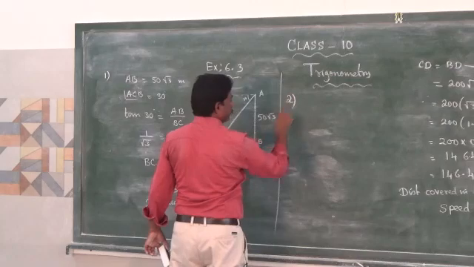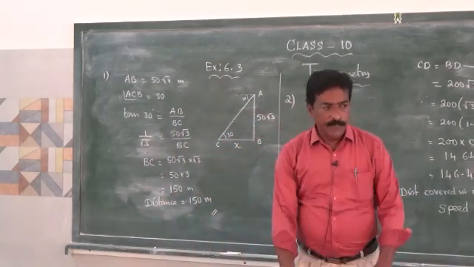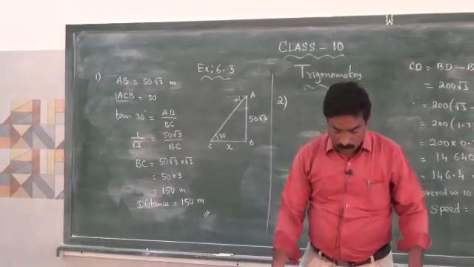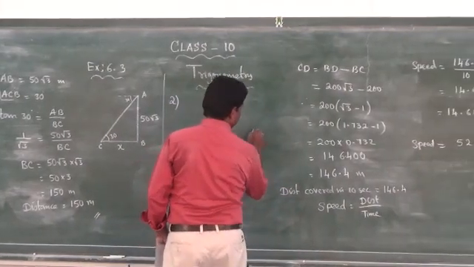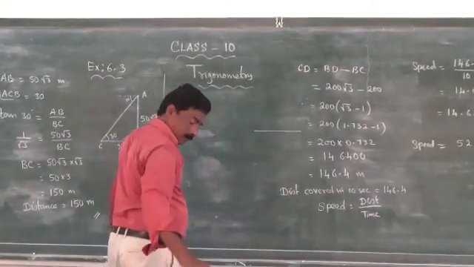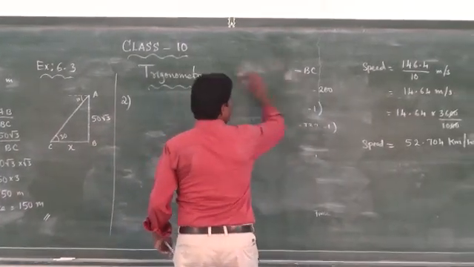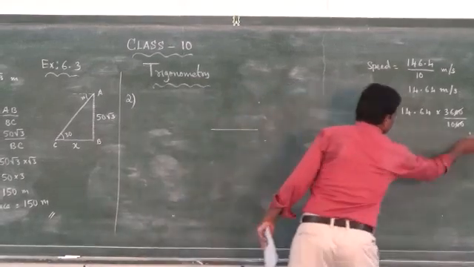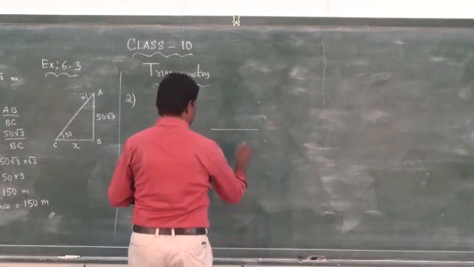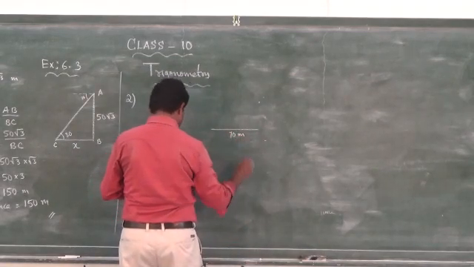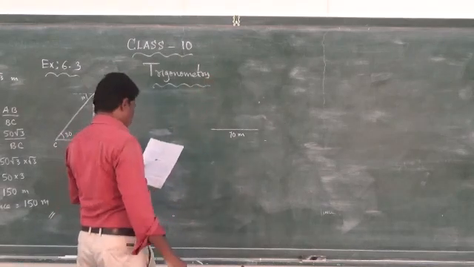Come to the second sum. The horizontal distance between two buildings. So there are two buildings. The horizontal distance between two buildings is 70 meters. The angle of depression of the top of the first building when seen from the top of the second building.